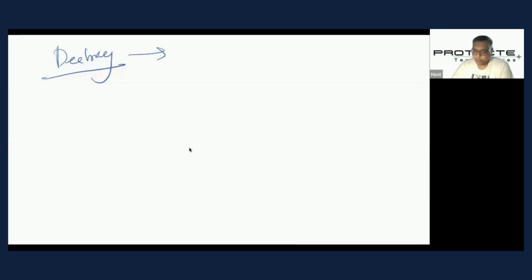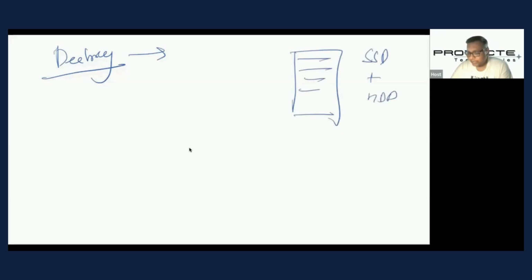Okay. Now, what happens in the digital world? Once you look at data destruction, you look at a hard disk, whether it's an SSD drive or an HDD drive, anything. You have data on it, and now you don't require it. What do you do? You delete it. Now, does deleting actually delete the data? It doesn't. It only tells the program not to look at this data anymore.